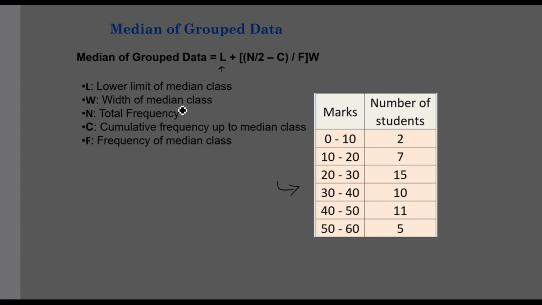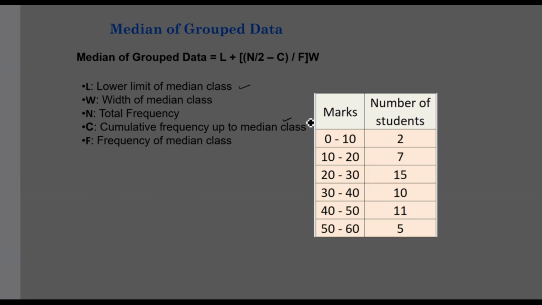W is the width of the median class and n is the total frequency. C is the cumulative frequency up to the median class and F is the frequency of the median class. In all these terms we are talking about a median class, so first we want to find the median class for this grouped data.